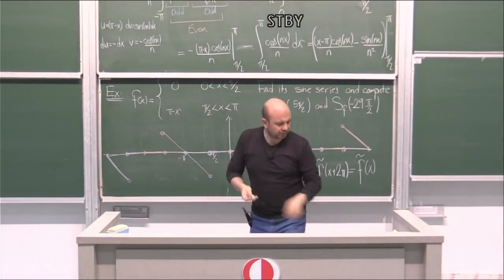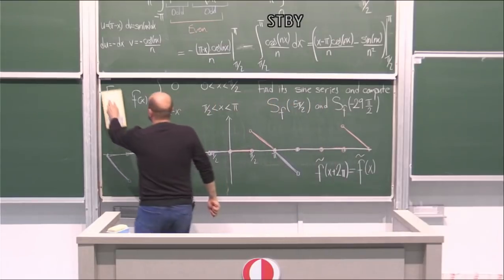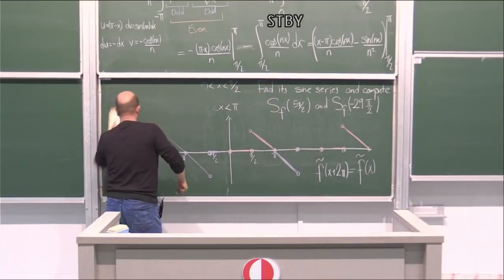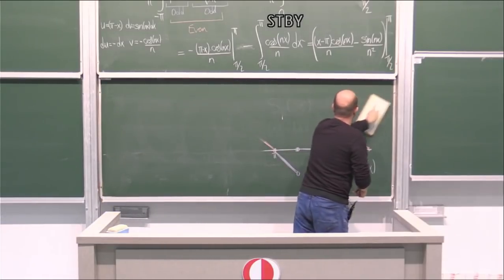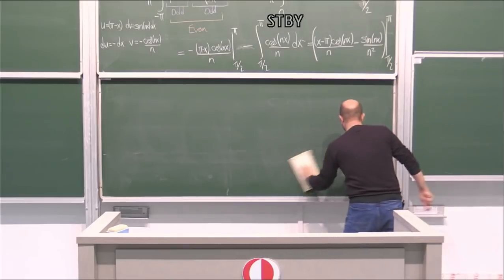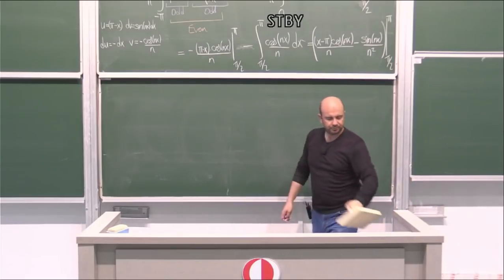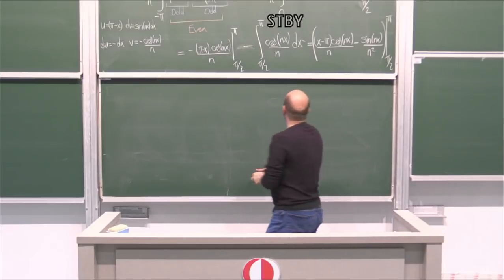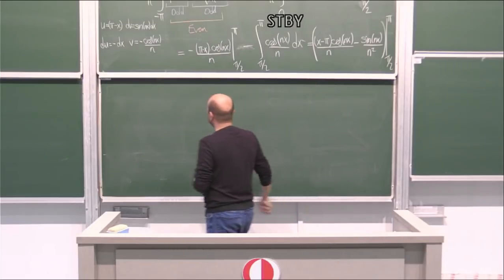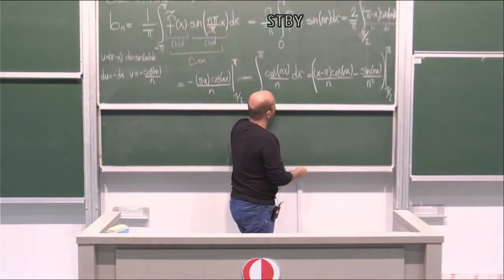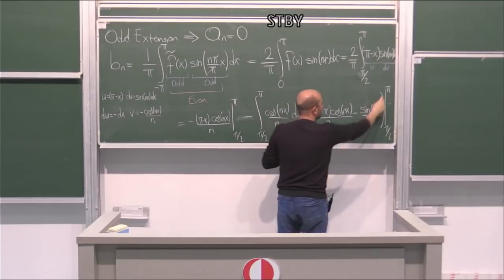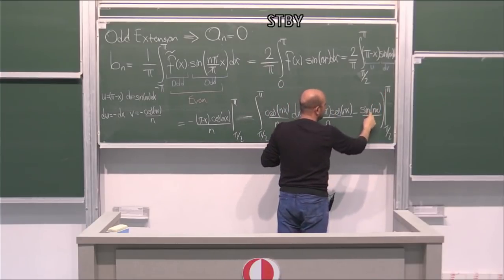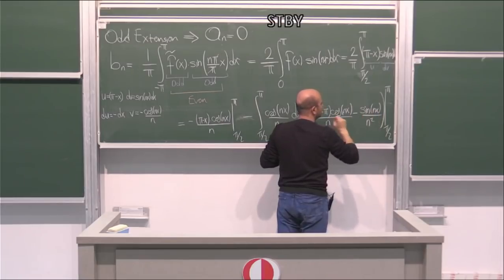Now, let's compute those. If you plug in pi here, pi minus pi is 0, so this goes away. Sine n pi is also 0, which means when you plug in pi, you get 0.